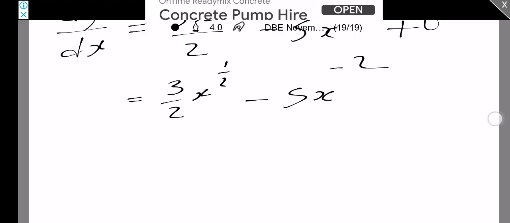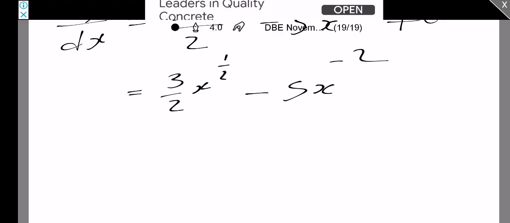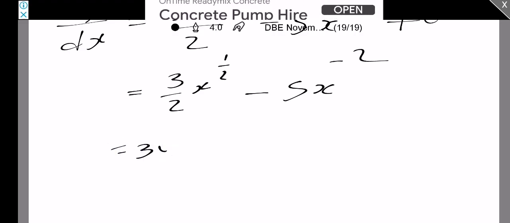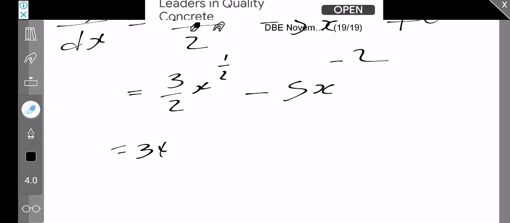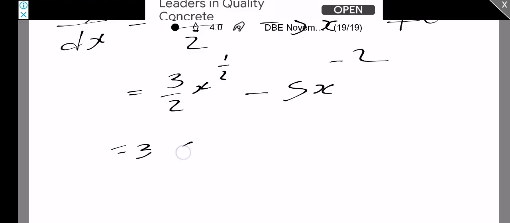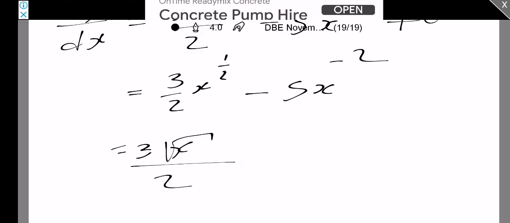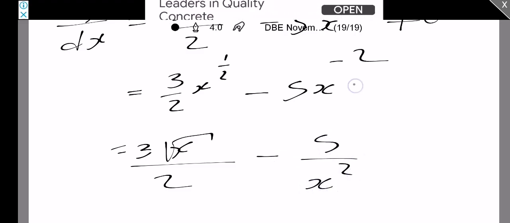If you like, you can simplify it to 3 root x over 2 minus 5 over x squared. But you're going to get full marks if you leave it like that.